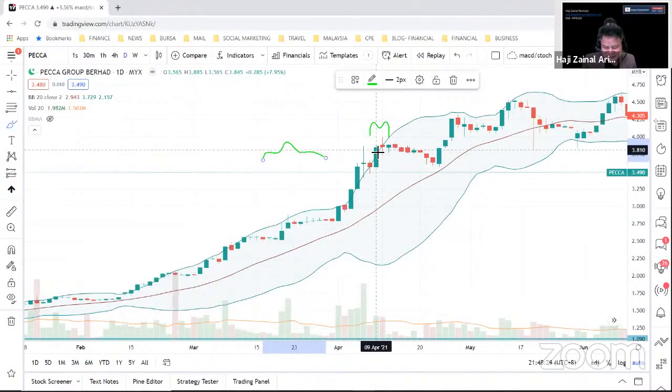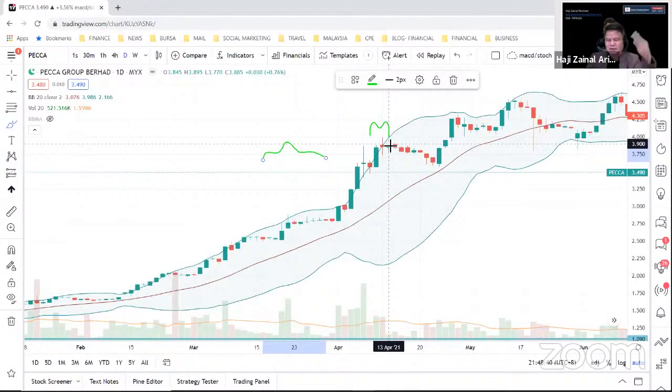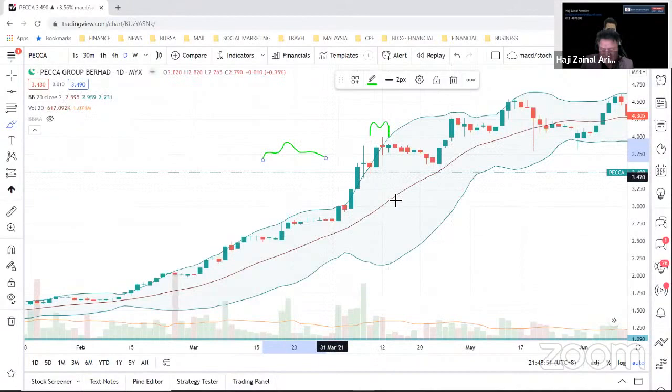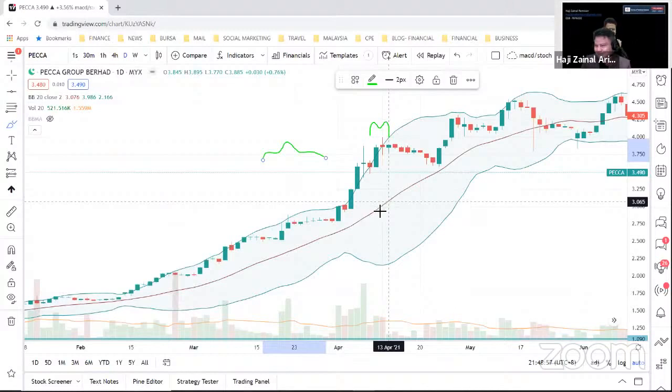You see this one is outside and this one is inside. So it's telling you that the volatility is getting lower. It's not telling you that the price is going down, but the volatility is getting lower. That's what you mean. Of course, in this case, the trend is still going up, because it's still above the 20 days moving average.